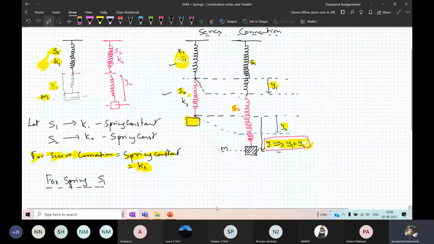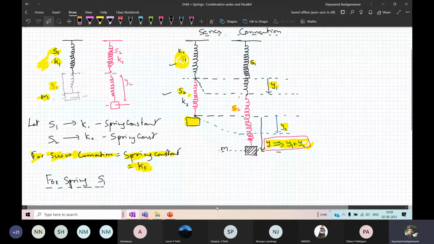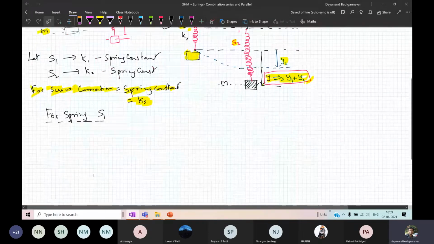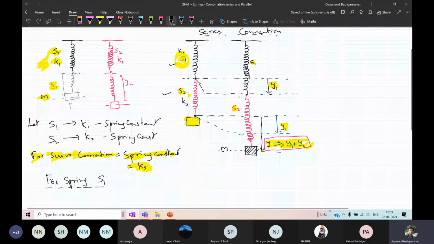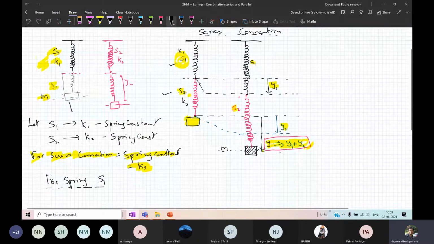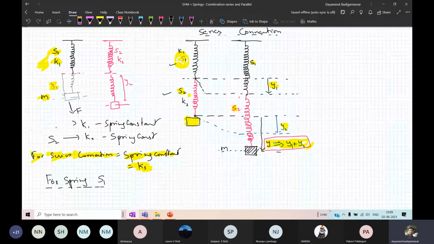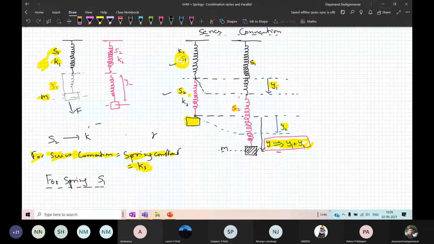The mass that is hanged here is M. Therefore there is a force acting in the downward direction. This force is given by mass into acceleration. This is the direction of the applied force.